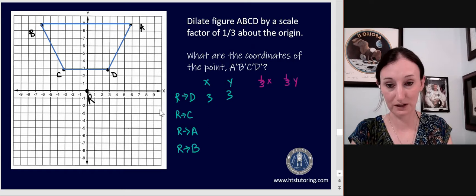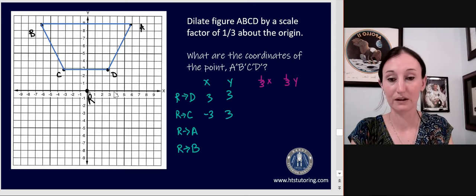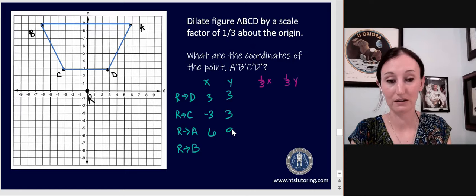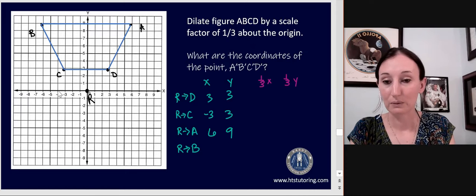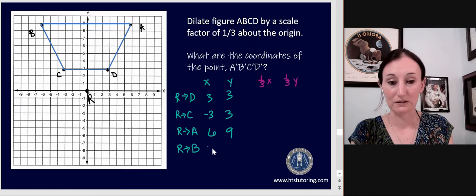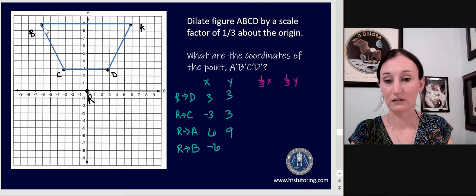C, we go negative 3, up 3. A, we go 6 in the X direction, and we go up 9. B, we go negative 6 in the X direction, and up 9.